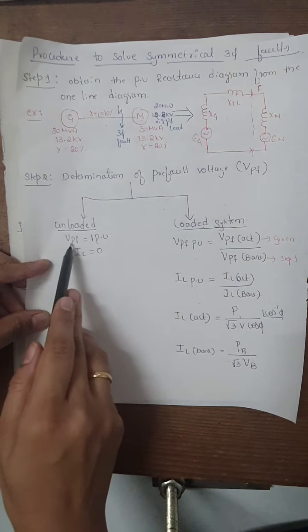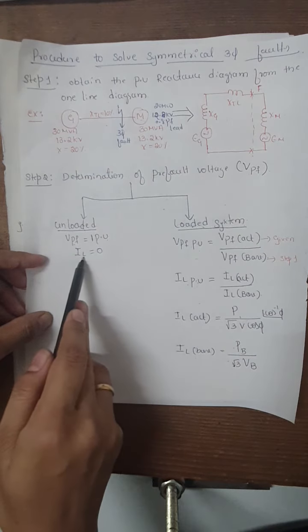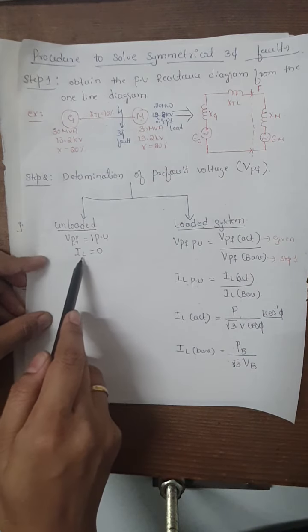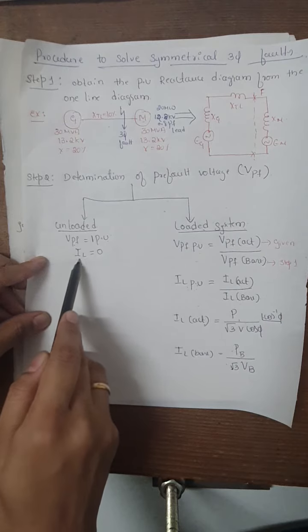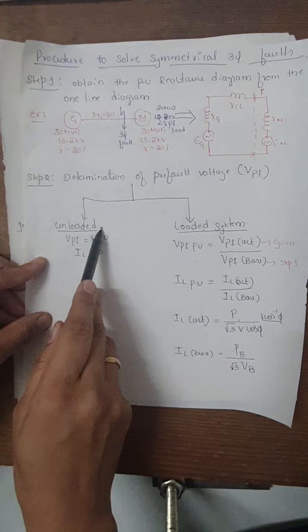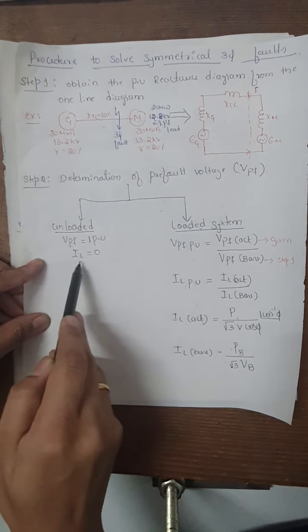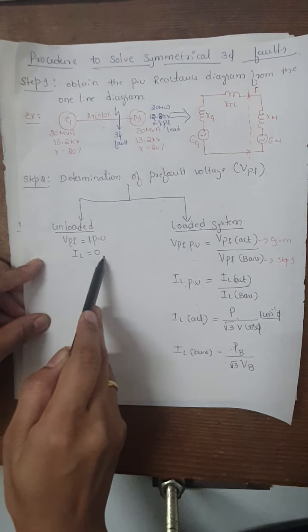what we have to do? Directly we will consider VPF will be equal to 1. There is no load means current is also going to be 0. So we can write IL will be equal to 0. Since the system is unloaded, directly we can write VPF is equal to 1 per unit and IL value can be considered as 0.